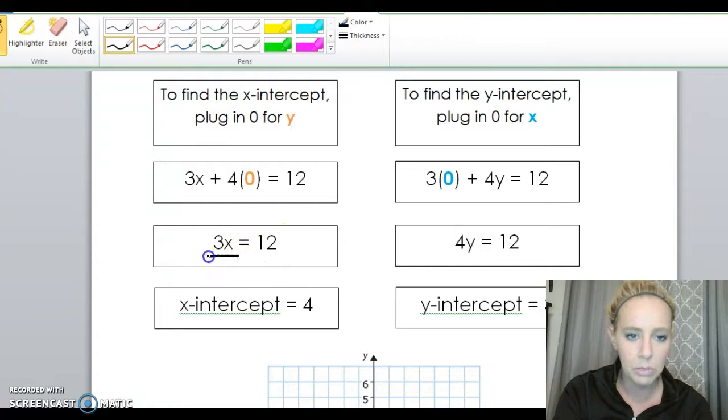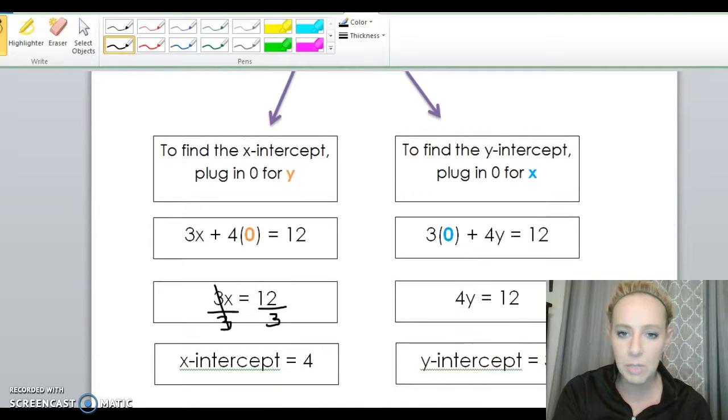In order to solve for x, we're going to divide both sides by 3, applying our one-step equation knowledge. So 3x divided by 3 cancels out. So x is equal to 12 divided by 3, which is 4. So that means this line crosses the x-axis at 4.